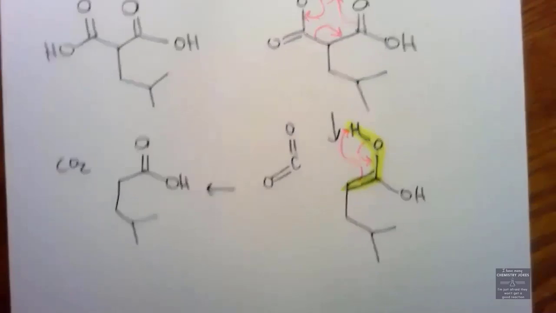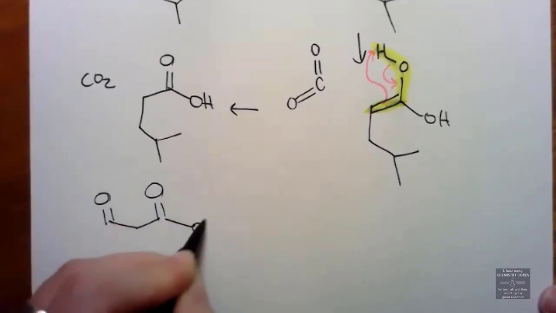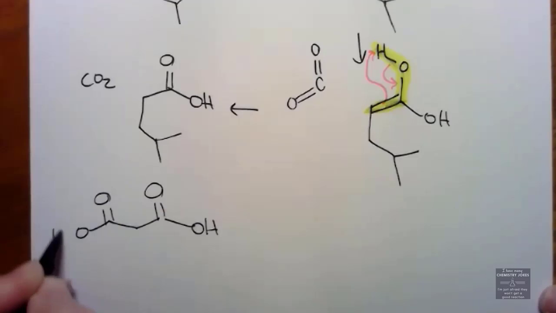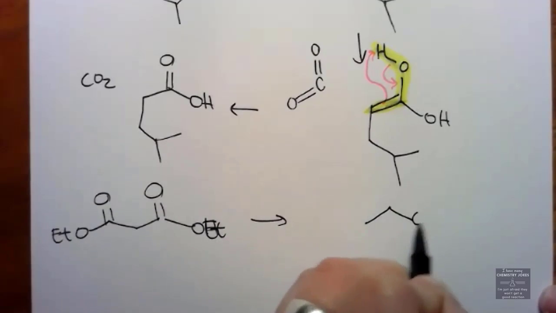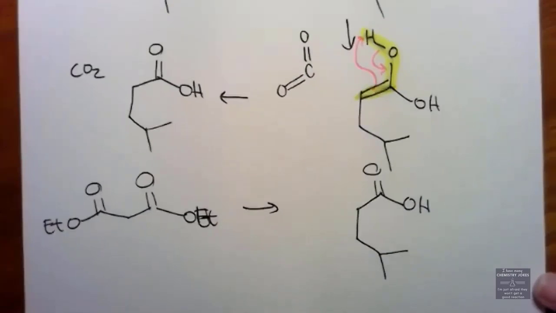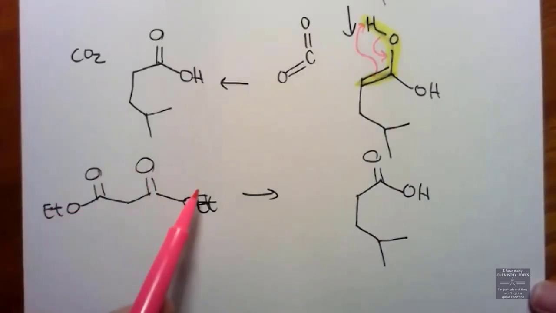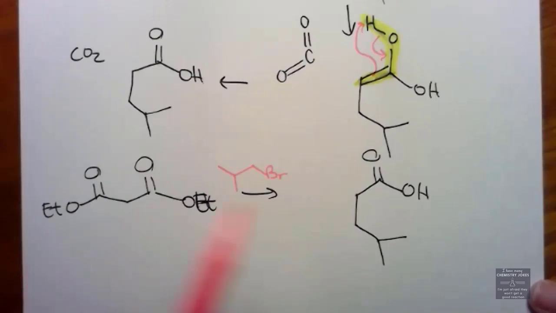The malonic ester synthesis is an old style way to make an alpha substituted acetic acid. So we started with this guy, added this SN2 substrate. This is not a sequence of steps. Remember, it took multiple. But we ended up with a substituted acetic acid.